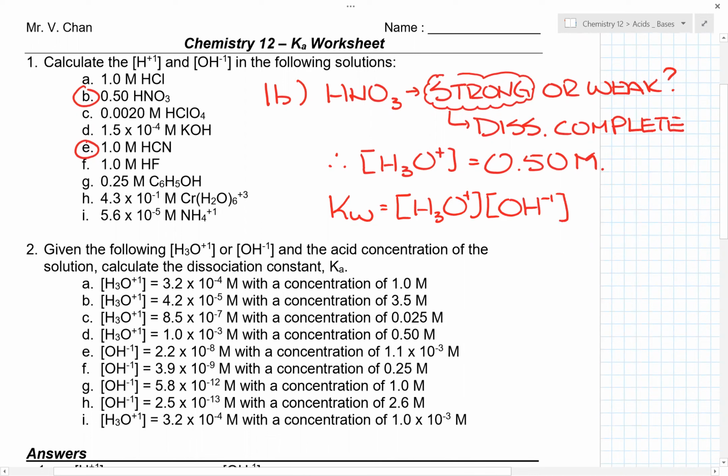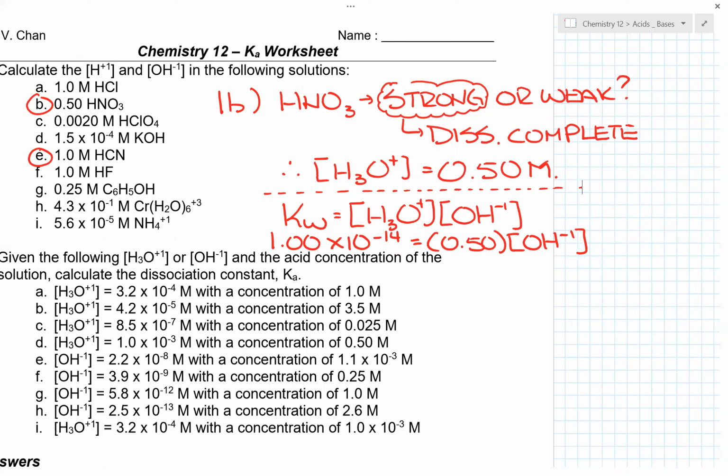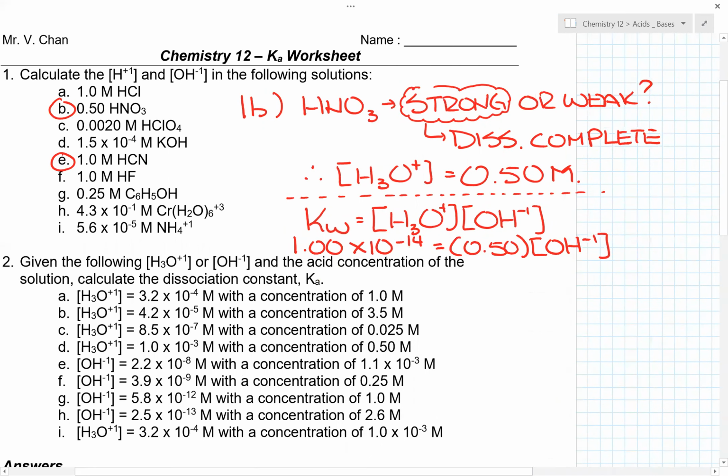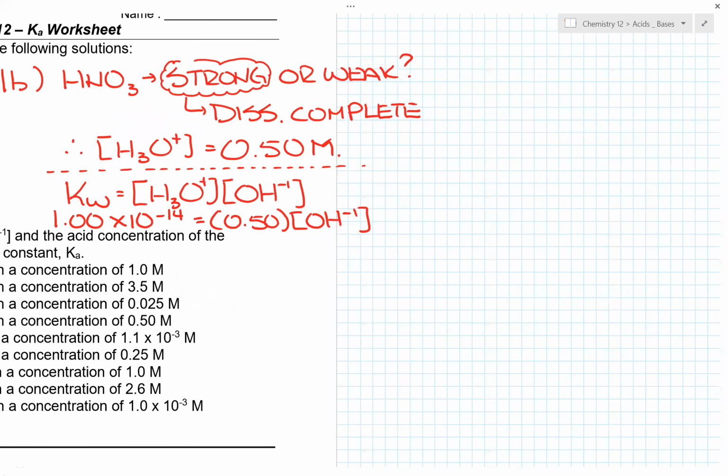So 1.00 times 10 to the negative 14 is equal to 0.50 times the concentration of OH minus. That's how we would calculate something like 1B. It's pretty straightforward.